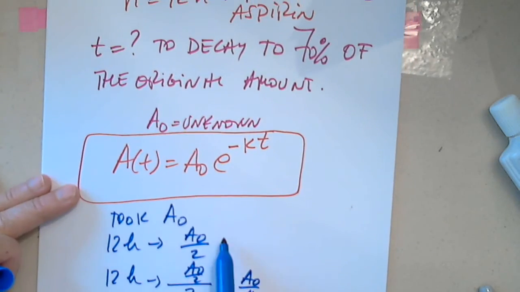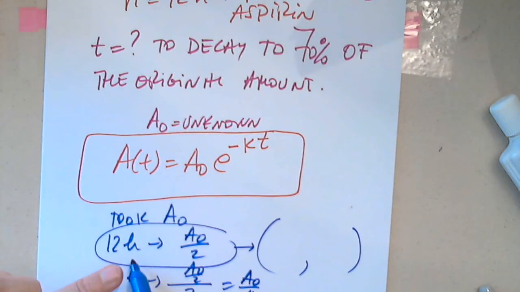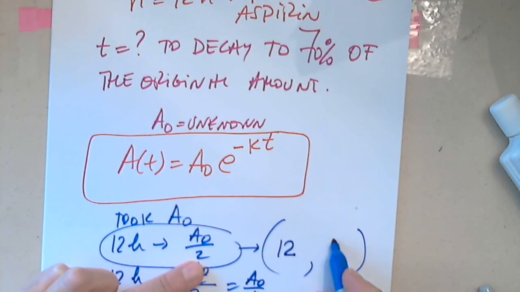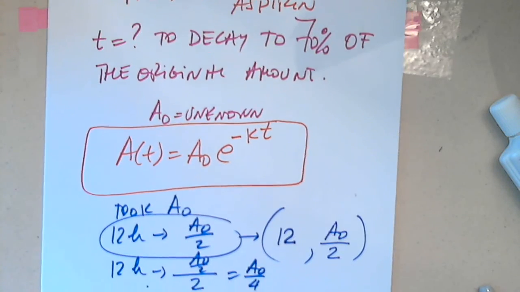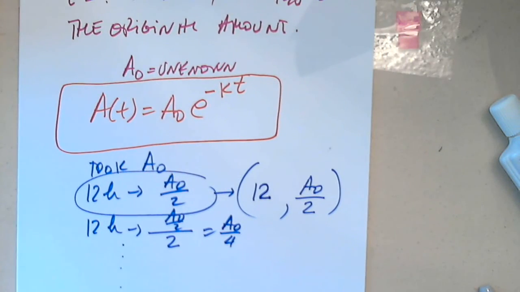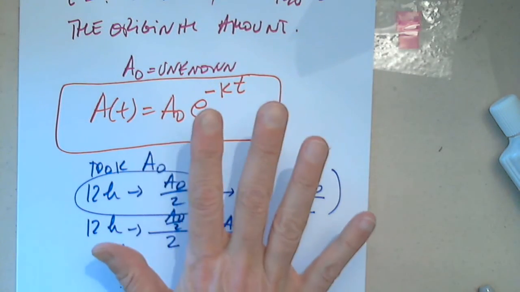So here is a point that we just created: 12 hours, A0 over 2. I would like us to put this in the model. So I know I took A0. I don't know how much, I don't care.